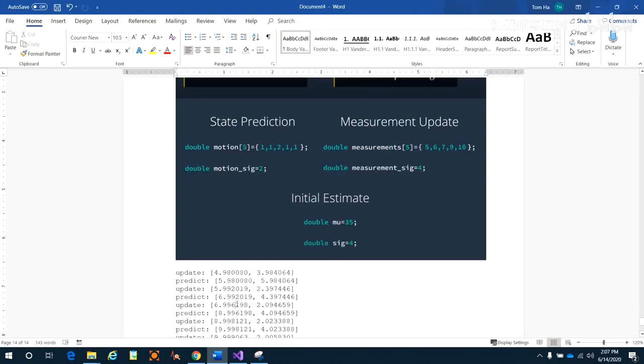At the next location, the sensor measurement is 7. They continue, compare, and update the measurement between the prediction and the measurement. They give you the new value.